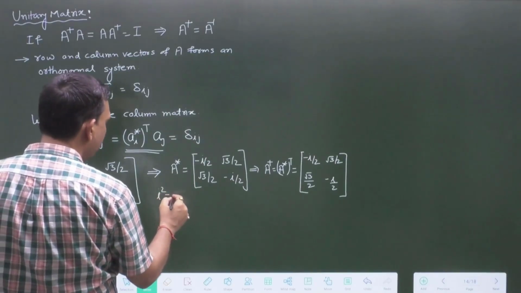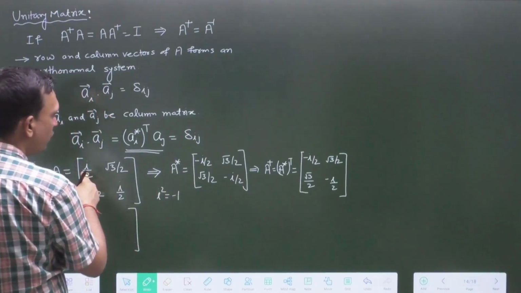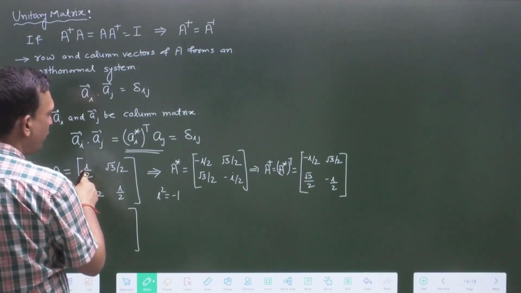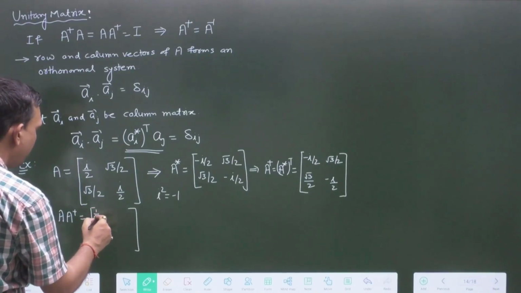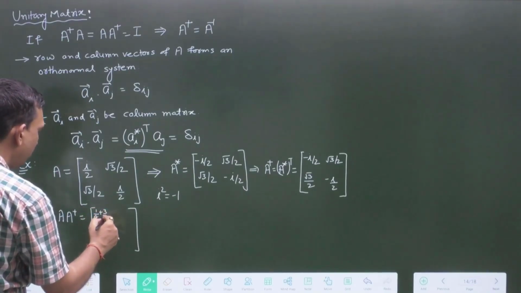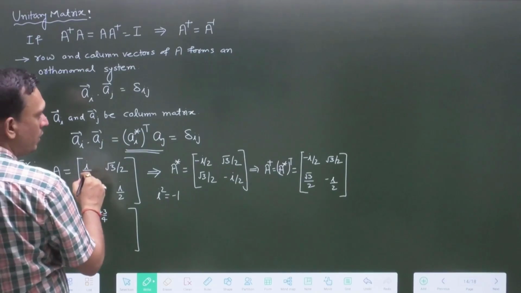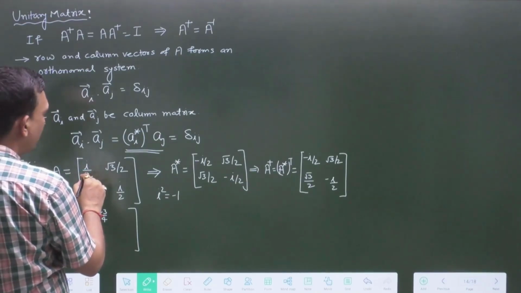Iota square is minus 1. So this will give you 1 by 4 plus 3 by 4, and this will be 1.